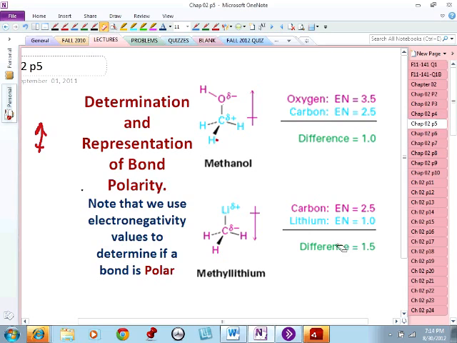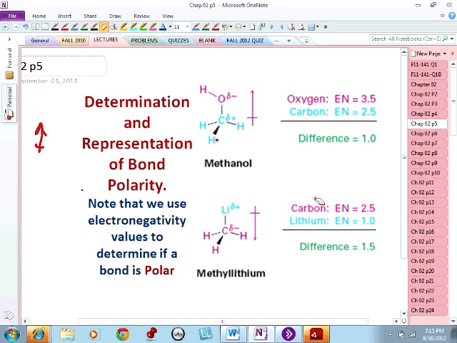It's towards carbon. In other words, carbon is more electronegative than lithium. So we now draw that cross arrow towards the carbon atom, and then we have the partial negative charge on the carbon atom and the partial positive charge on the lithium atom. So these are the ways in which we represent bond polarity in organic chemistry.